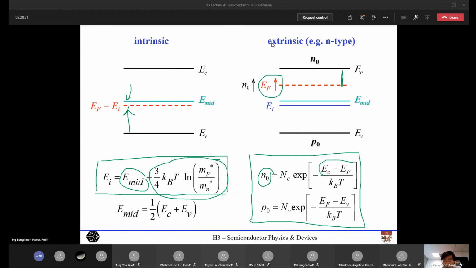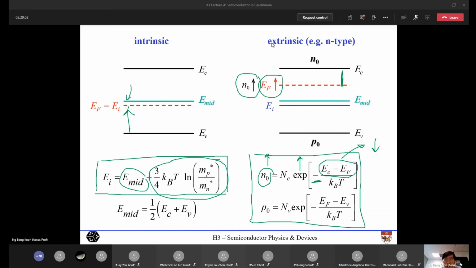It means that this value here will reduce. The magnitude will reduce, but because this is negative, it becomes less negative. If it becomes less negative, the exponential value increases, implying that N0 increases. So the fact that the Fermi level goes close to the conduction band would lead to an increase in the electron concentration. We can figure this out through the equation.